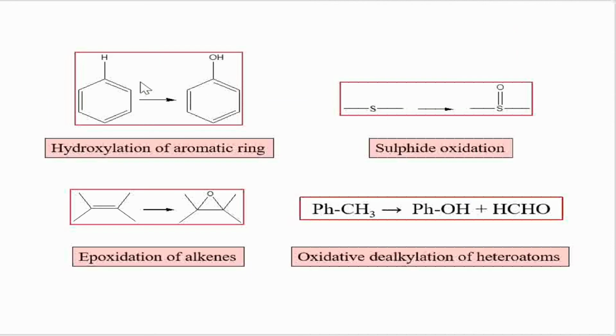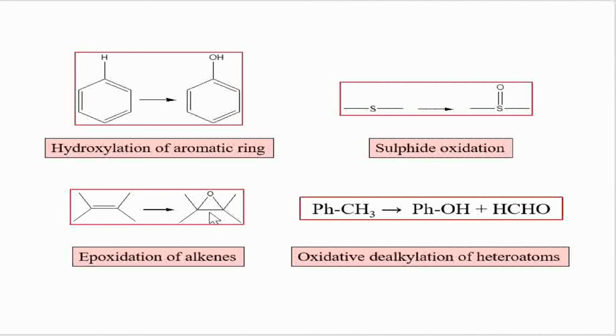In this example, you can see the hydroxylation of an aromatic ring, and this O is inserted between the C and H bond. This reaction takes place in the presence of cytochrome P450. This is an example of epoxidation of alkenes.